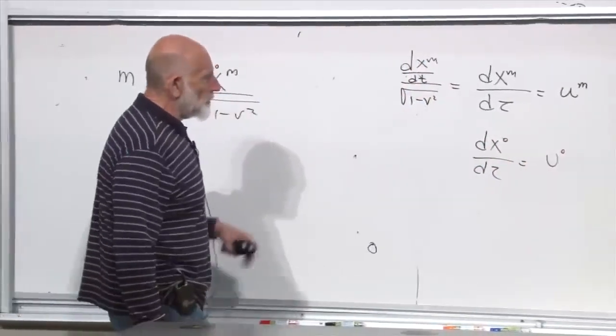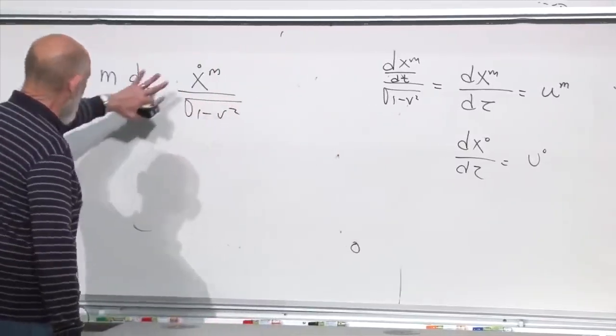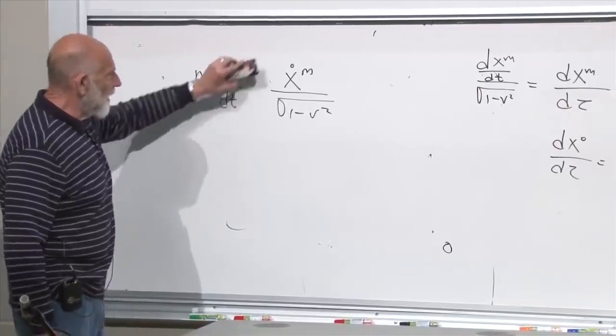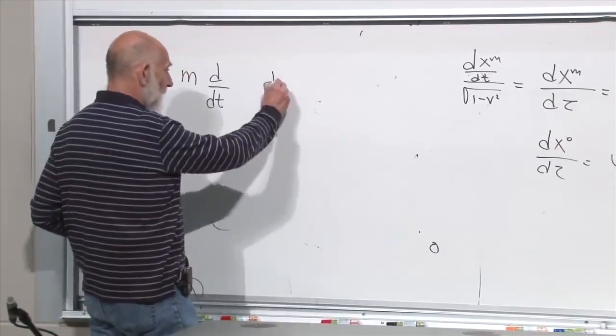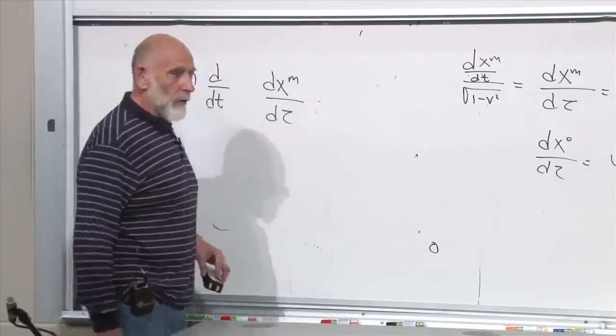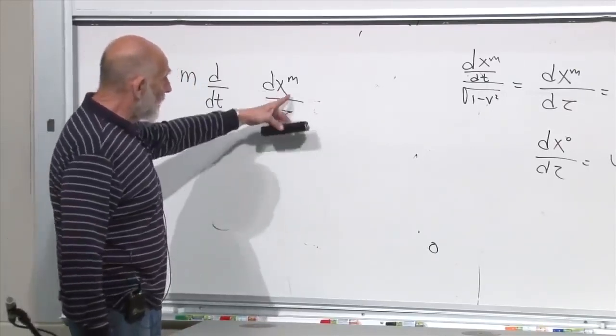For slow particles, this is very close to 1, but nevertheless, it's there. But at the moment, what we have here is literally d by dt of dx_m by d tau. In other words, the time derivative of the 4-velocity.